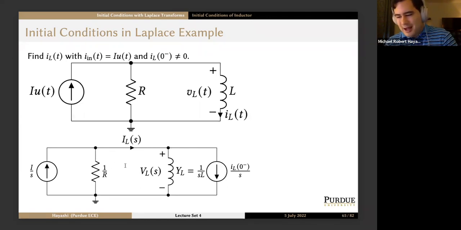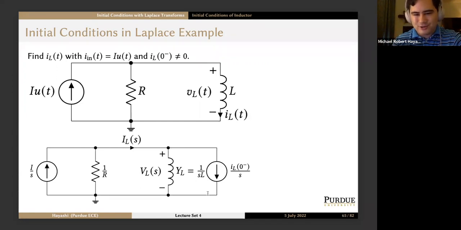So I sub YL1 is going to be I over s times 1 over sL divided by 1 over R plus 1 over sL. That's how it works.